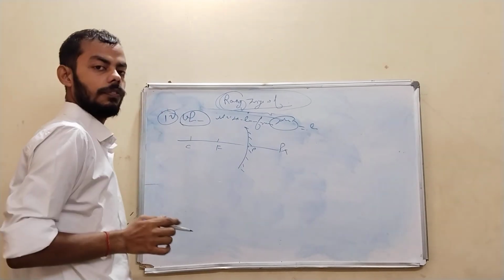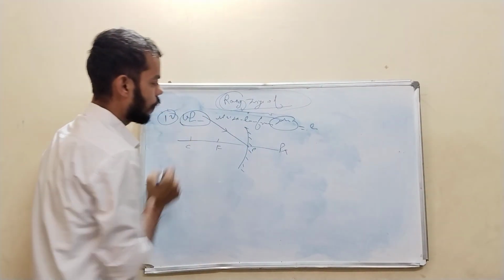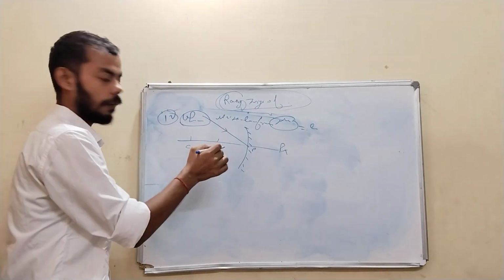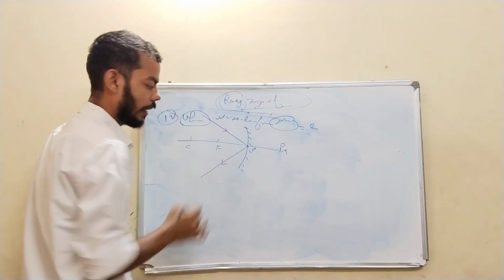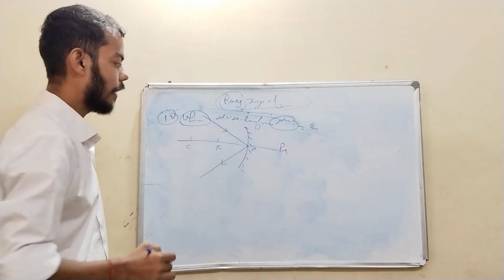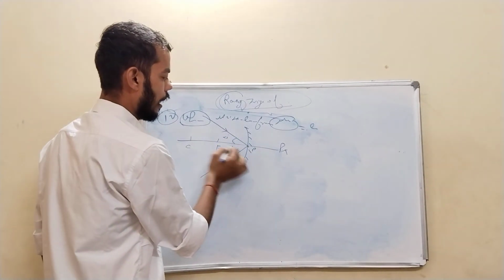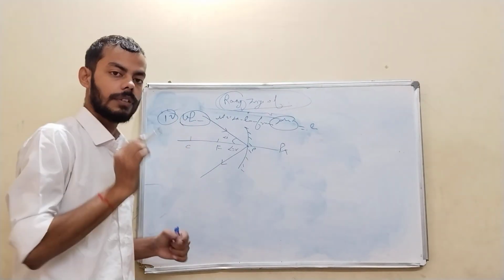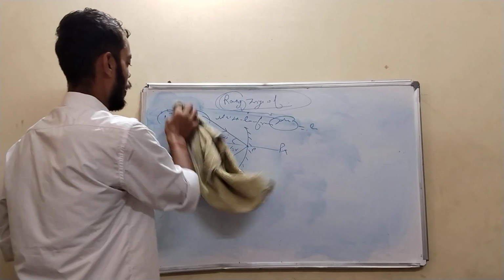When the incident ray falls at the pole of the mirror, it will go like this after reflection, following the law of reflection, angle i is equal to angle r. So this is all about the fourth rule, by using which we form the ray image in ray optics.